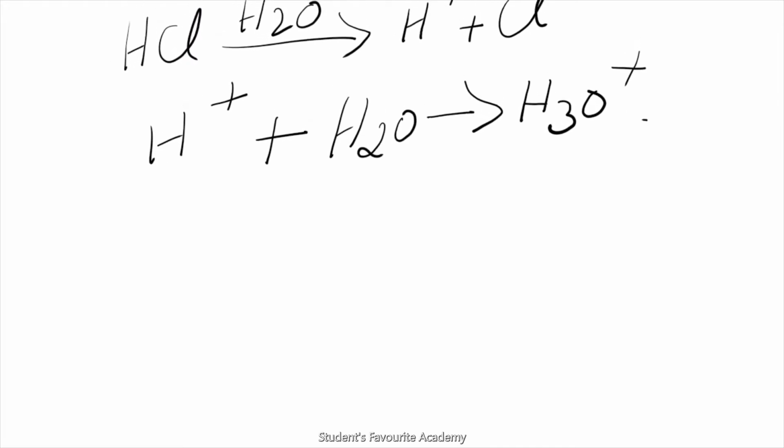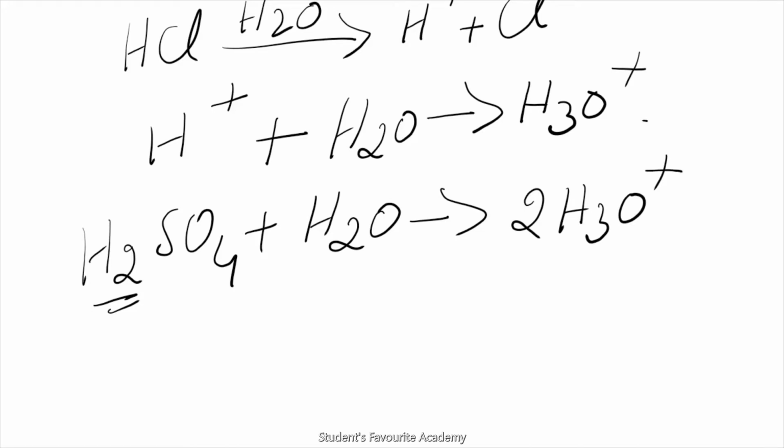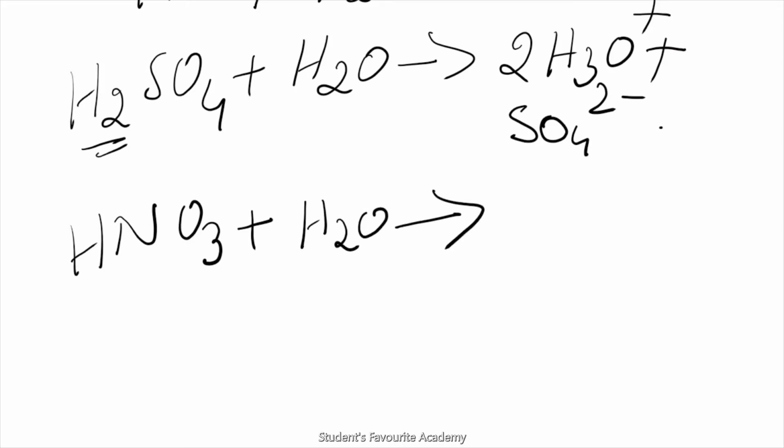Now for example, sulfuric acid. Sulfuric acid when dissolved in water gives two hydronium ions plus sulfate ion, SO4 2 minus, because it has two H ions. Then nitric acid, when dissolved in water, gives one hydronium ion plus nitrate ion.